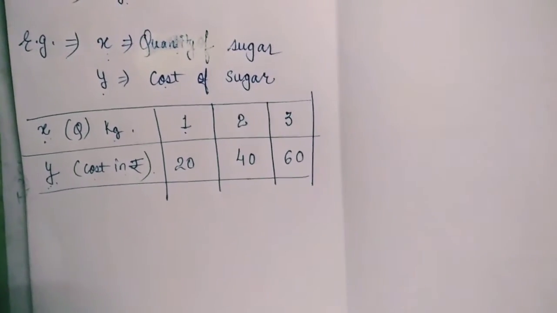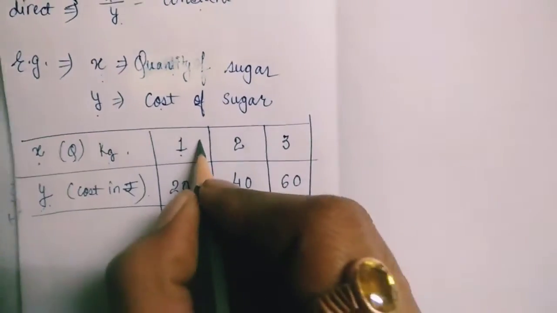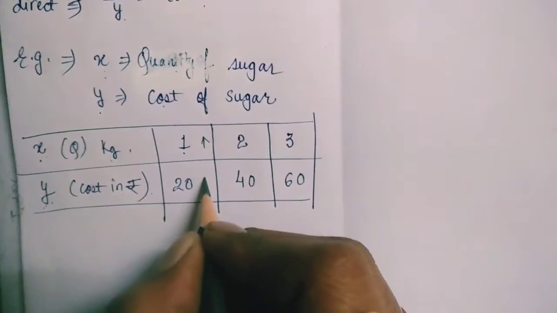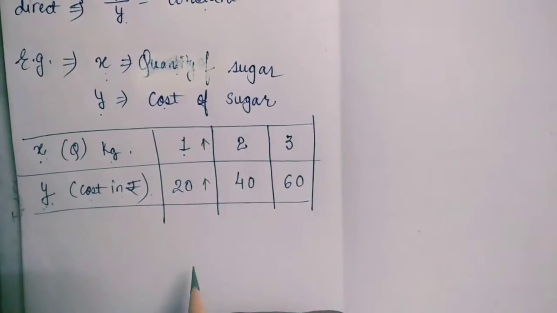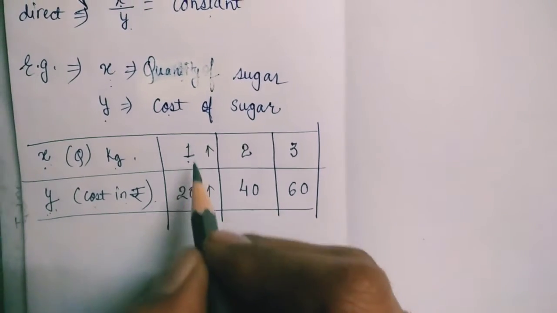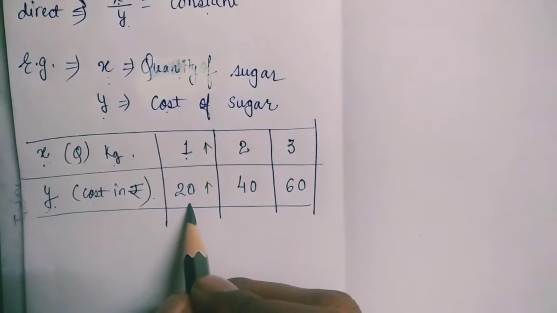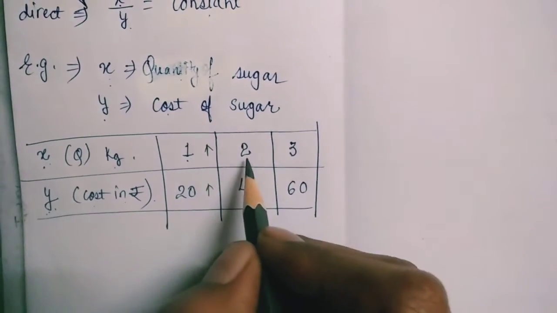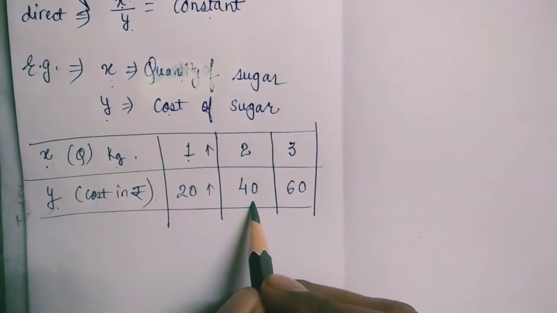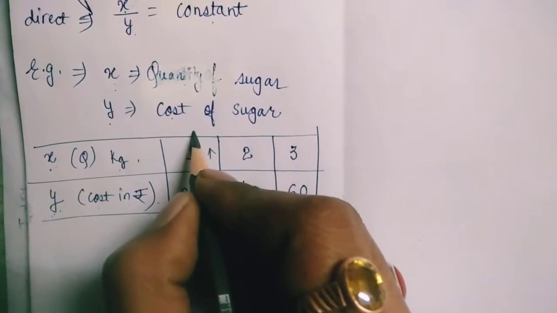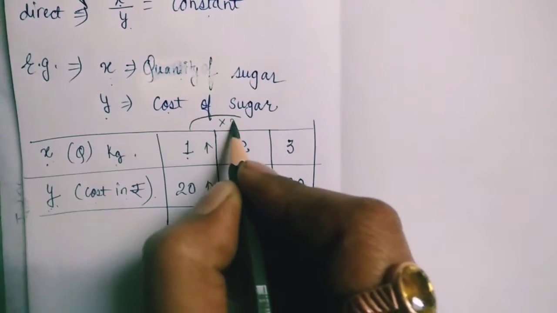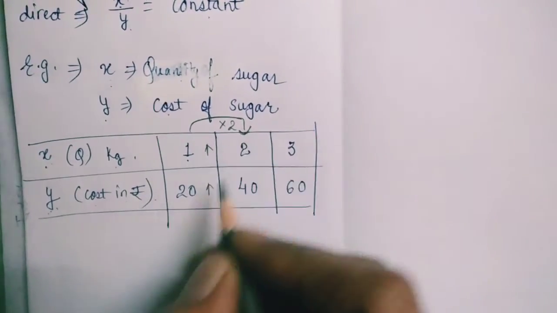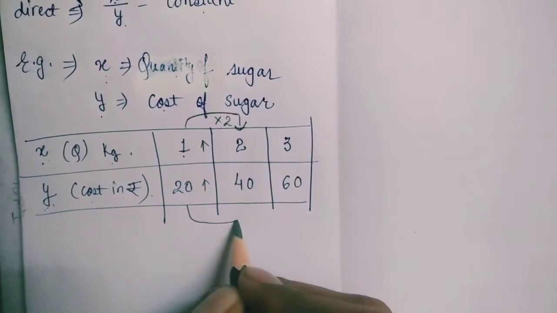As our x increases, the value of y also increases. The 1 kilogram cost is 20, then the 2 kilogram cost is 40. We are just doubling, multiplying by 2, and 20 into 2 is 40.